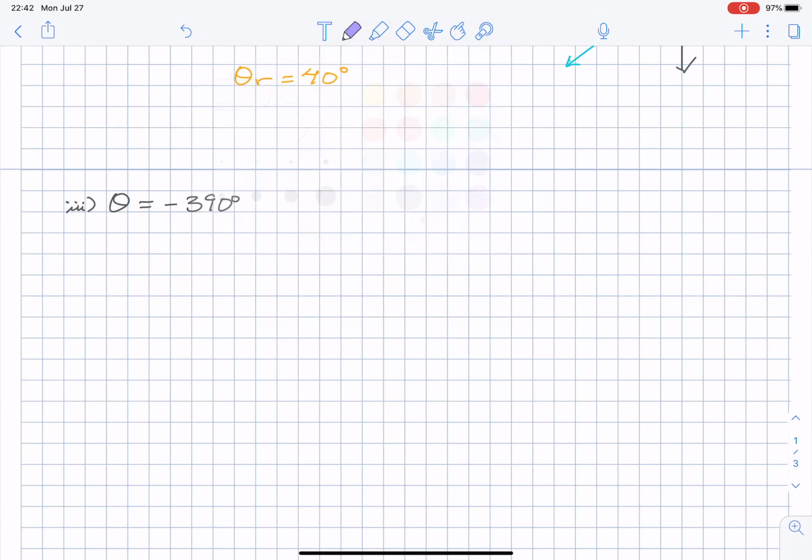Okay, so now in absolute value, theta is larger than 360. But let's think about this. If I were to add 360, I would still be at a negative 30. So it looks like I'm going to have to add 360 degrees times 2.